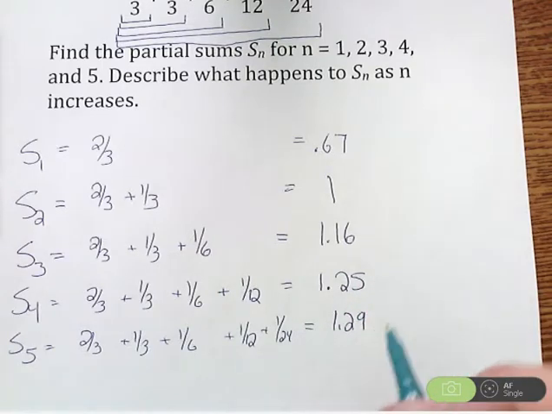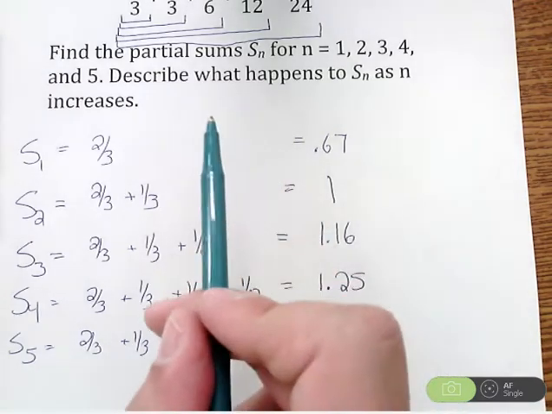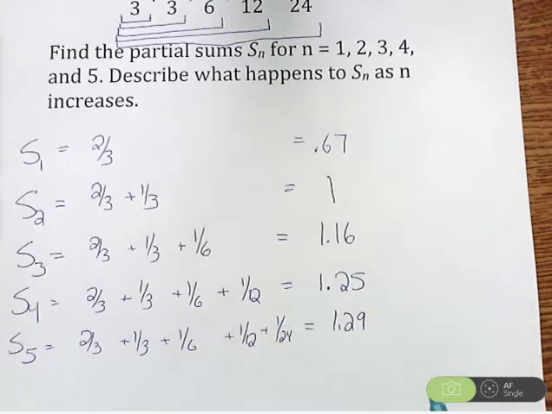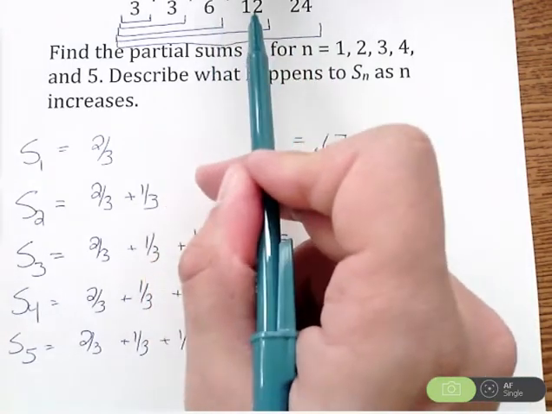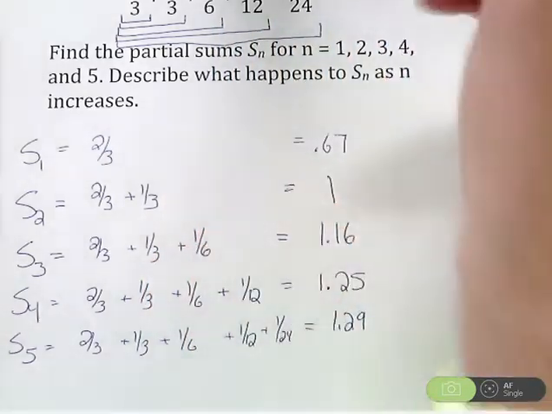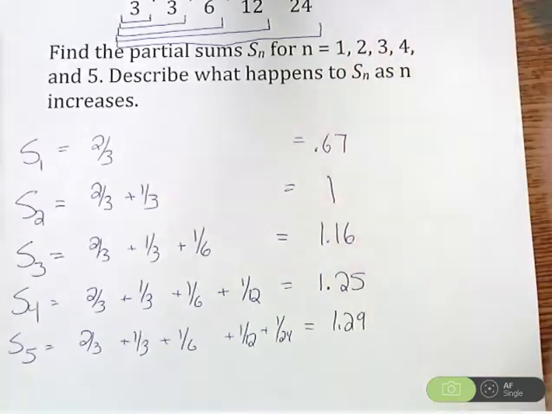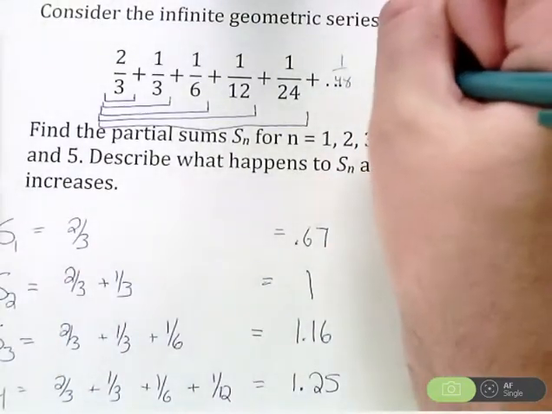And if you really weren't sure what this is approaching, because it's going to approach a number, what you could do is continue this pattern on. So notice it goes 6, 12, 24. So the next term would be 1/48. And then after 1/48, 1/96.